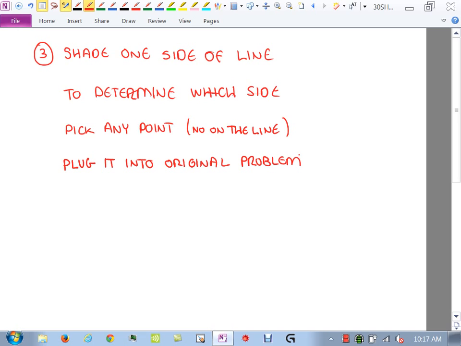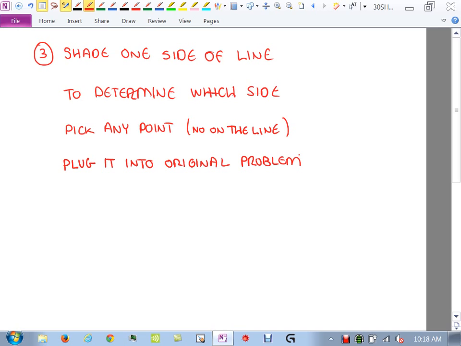That's the one with the inequality in it. And then what is that going to tell you? If that point works in the original problem, if it makes a true statement, then what do you do? Shade that side of the line, right? If it doesn't work, shade the other.